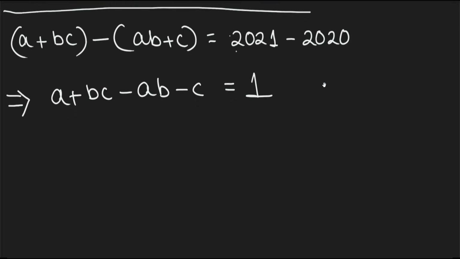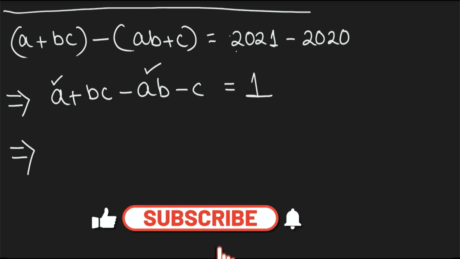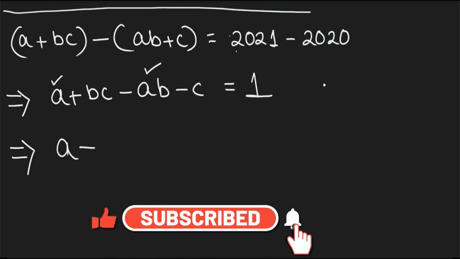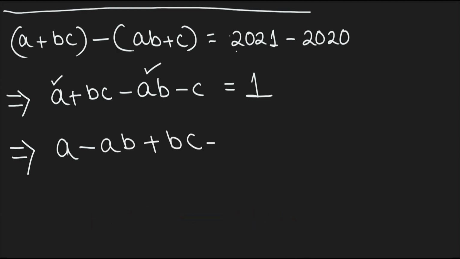We can rearrange this equation as here A and minus AB is there. So I can write it as A minus AB plus BC minus C is equal to 1.